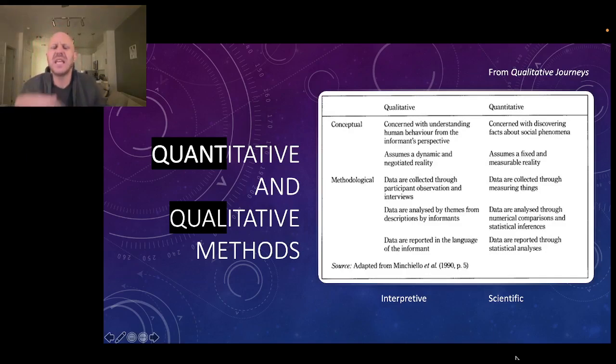And so data in this is going to be through scientific experimentation, measuring, numerical comparison, statistical analysis, those types of things. So two different kinds of research. Quantitative is going to be more scientific, as I have here, using the scientific method. And qualitative is going to be more interpretive, using humanistic methods.